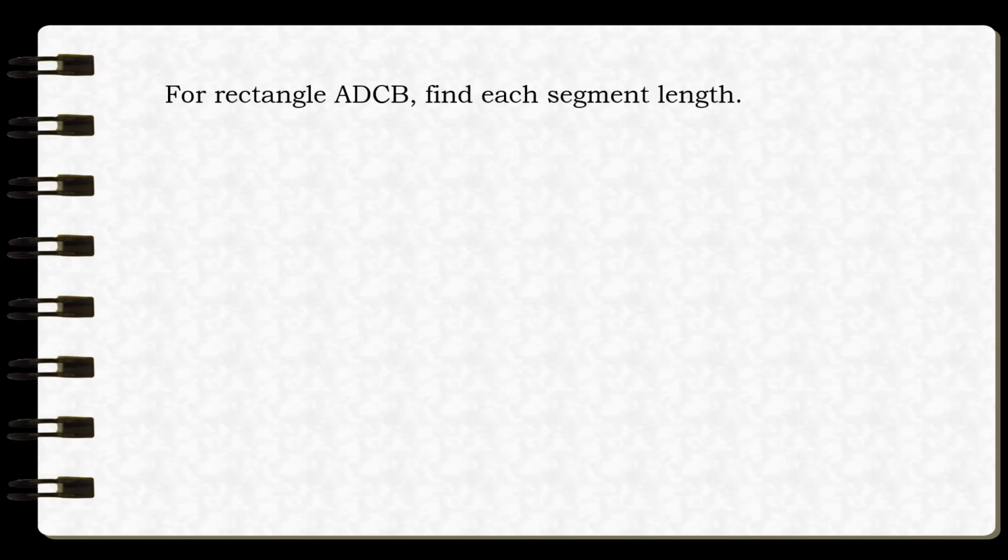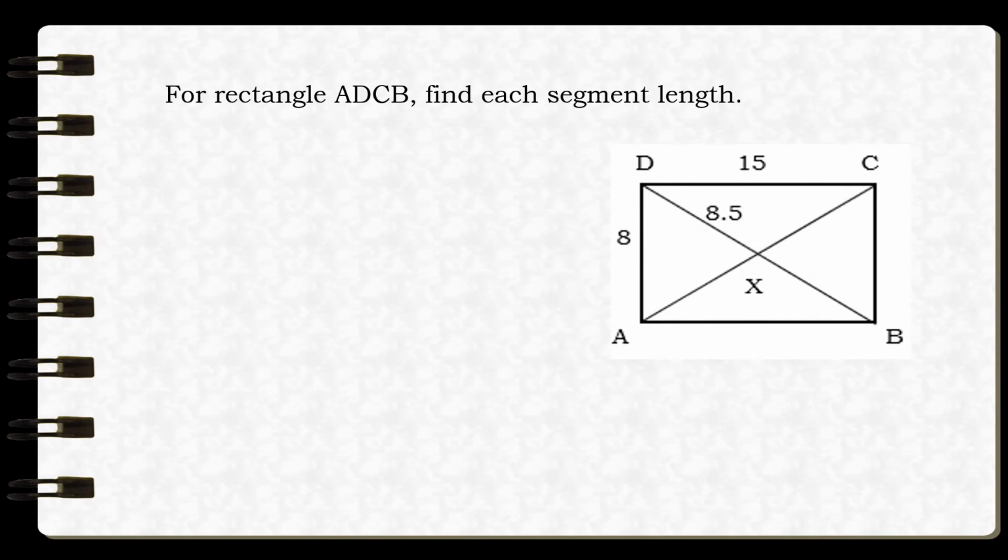Let us apply now these properties. For rectangle ADCB, find each segment length. So this is the figure. So we have to find segment or the distance of segment AB here.